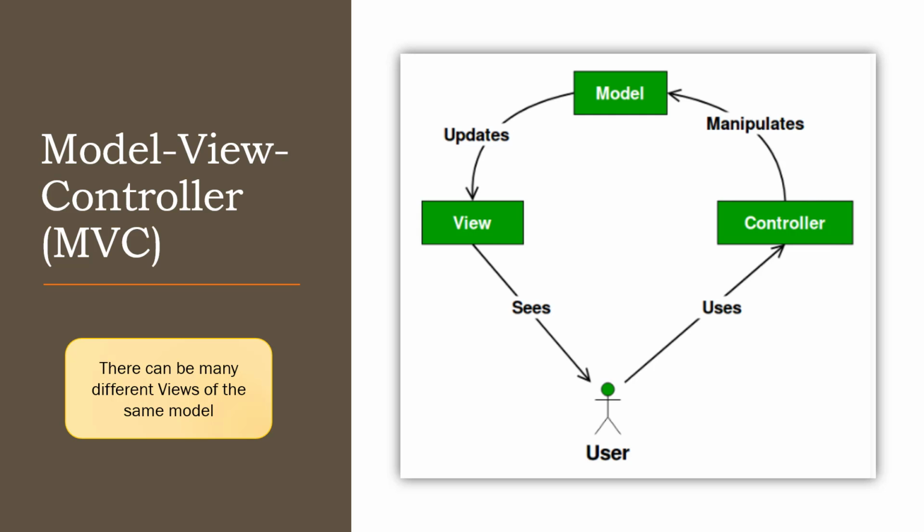So the user sees views and uses the controller to manipulate the model, which then updates the view. We won't have three classes to implement this. We will have a model of the game, and we'll have a view controller for the game, the user interface.